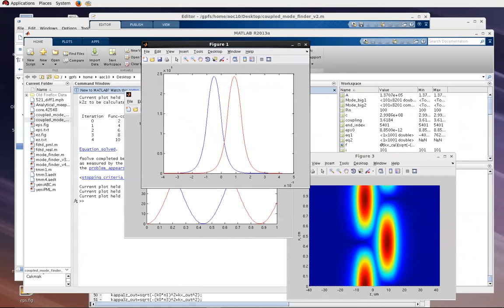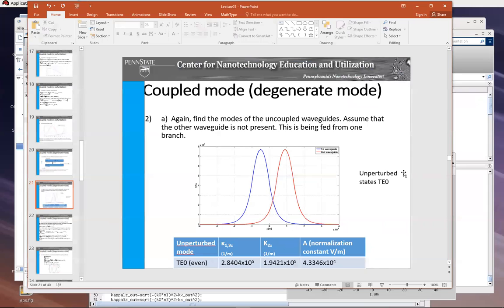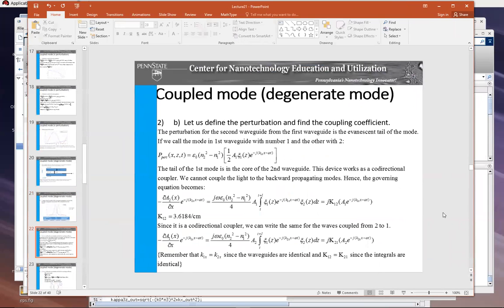Let's look at the PowerPoint and a little bit into the equations. So we found the unperturbed modes, but what's next? Of course, you have to write down the perturbation, and the perturbation is going to be coming from the first waveguide mode, labeled as 1. The second one is shown with 2.